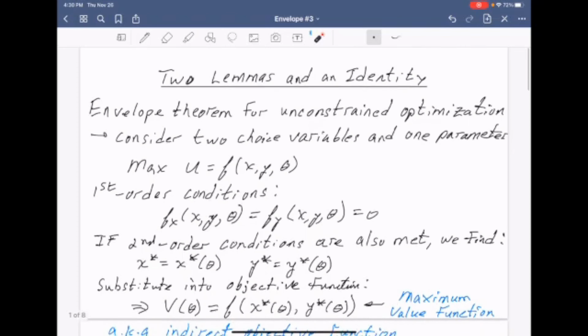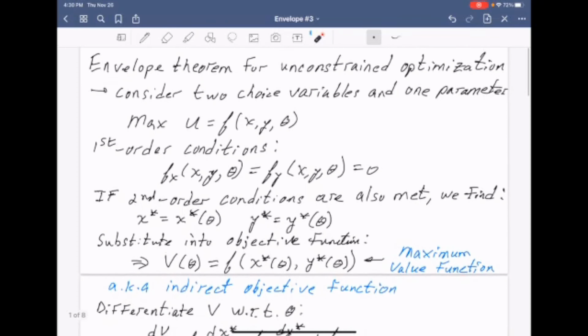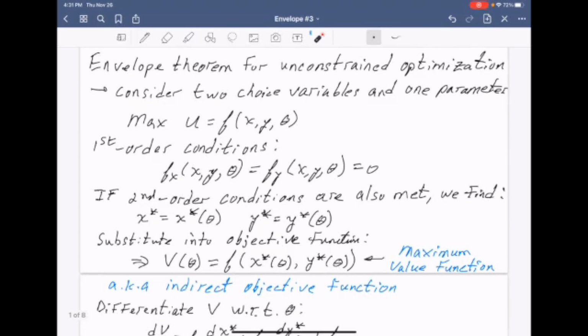The first order conditions are that the partial derivative of the objective function with respect to the first good, if you like, we call it good x here, is equal to the first partial derivative of f with respect to y, and they're both set equal to 0.